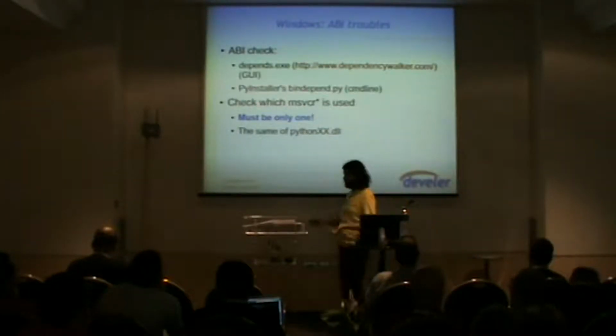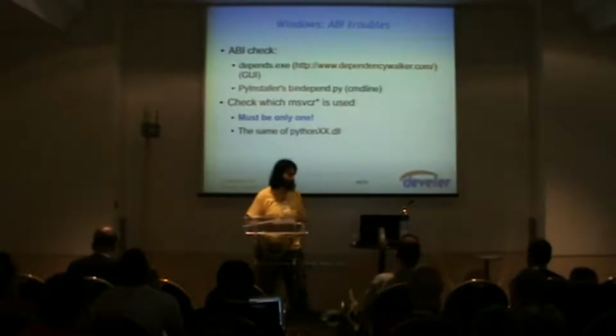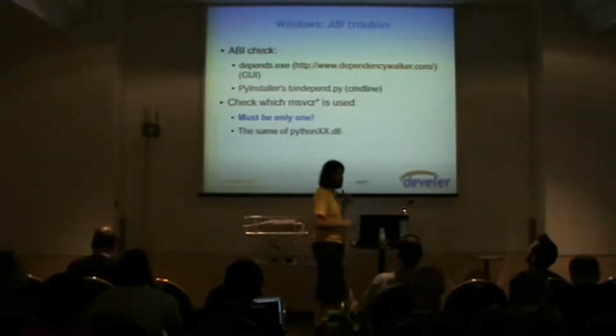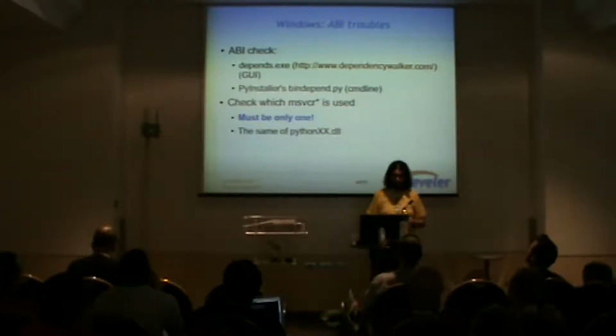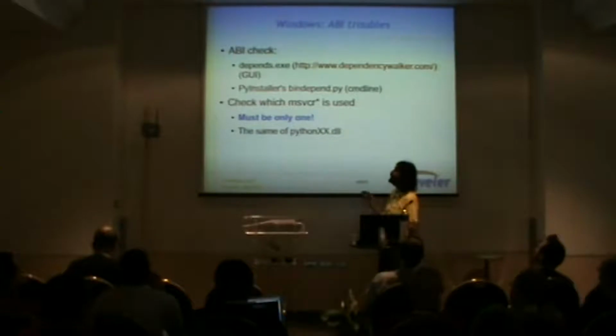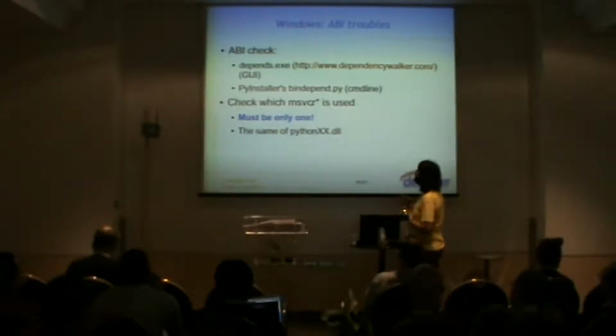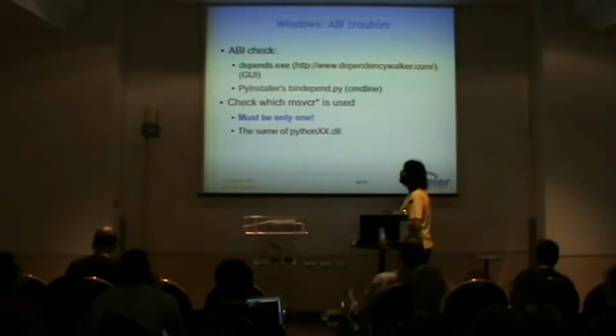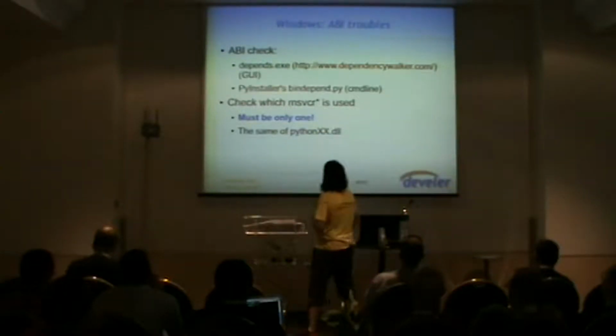To check if this is true or not in your application, I suggest using this tool on Windows, which is Dependency Walker. It's a free tool that you can download. Or you can use a free tool in PyInstaller, called BinDepend, a small command line tool.